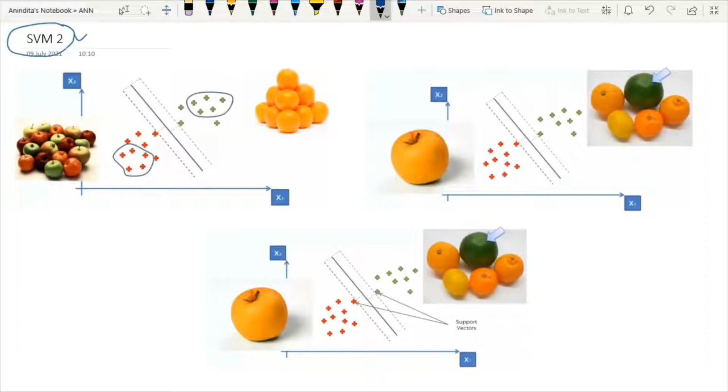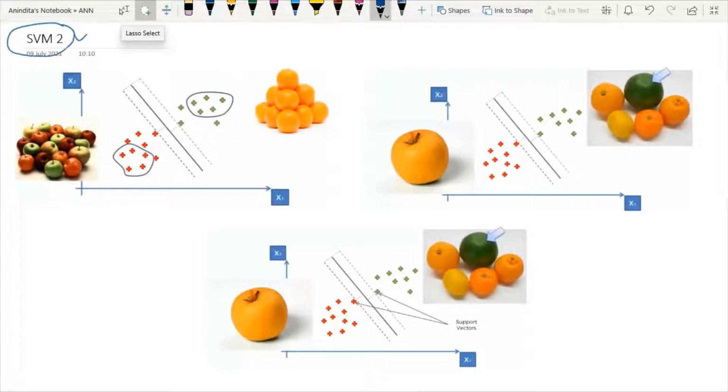How do we classify these fruits? You give some data of apple and orange, analyze them and see what parameters they have. Then I will give either an apple or an orange to the machine and it has to tell me whether it is an apple or an orange.